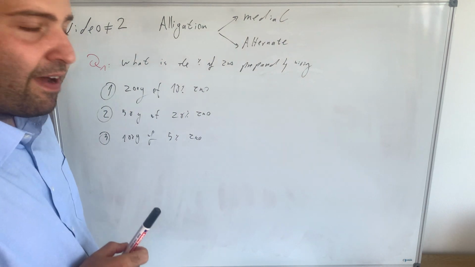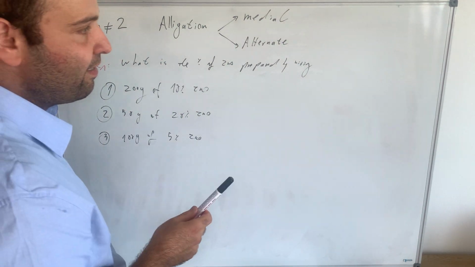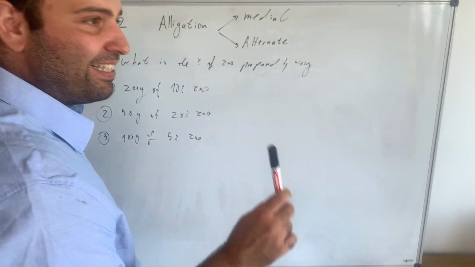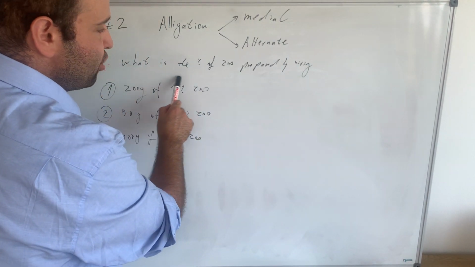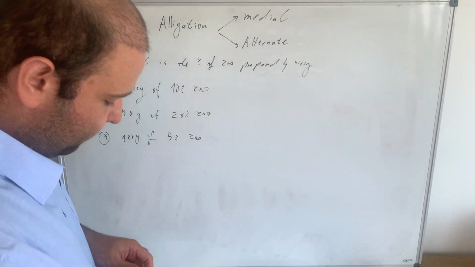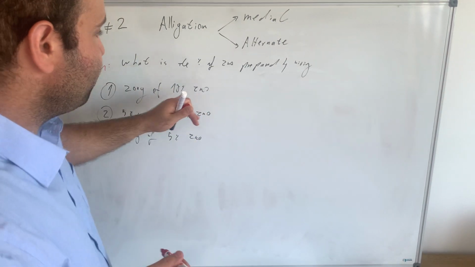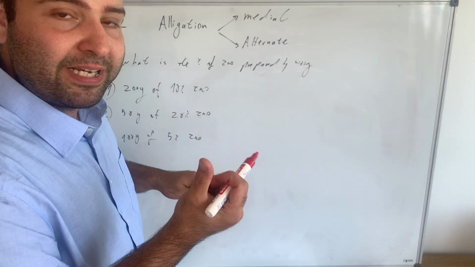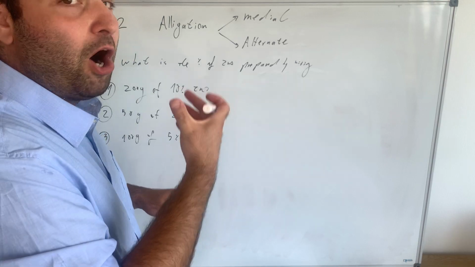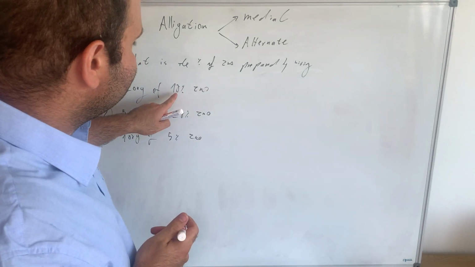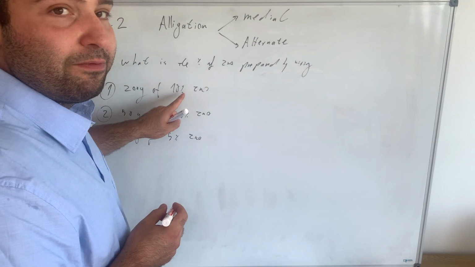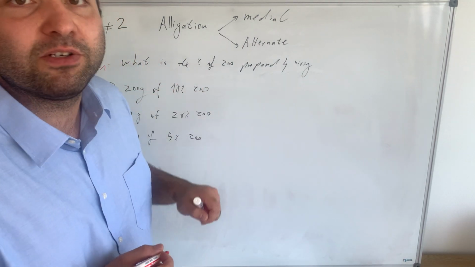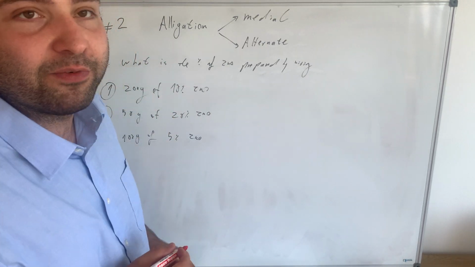So the first step of alligation medial, you have to determine the amount in gram of active ingredient present in each ointment. We say 10% zinc oxide means in 100 gram, because percent means parts in 100. So 10% means in 100 gram of zinc oxide preparation, there is 10 gram of zinc oxide. How much is in 200 gram?